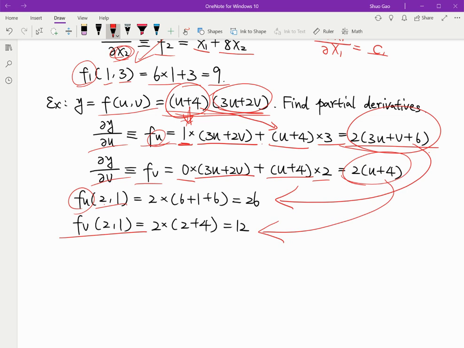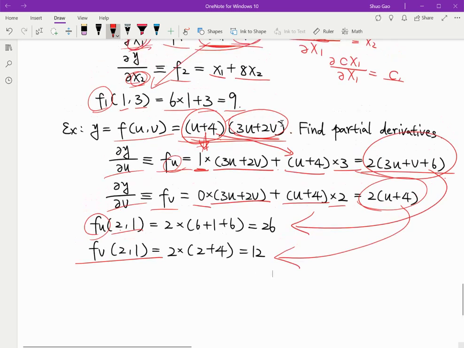Right. So the partial derivative is also a function of the two variables. So if I want to find a specific derivative at a data point, we need to plug in the specific two variables and find out the value of the partial derivative.